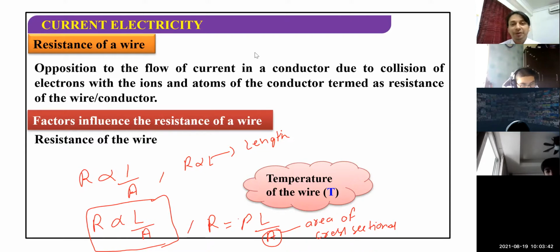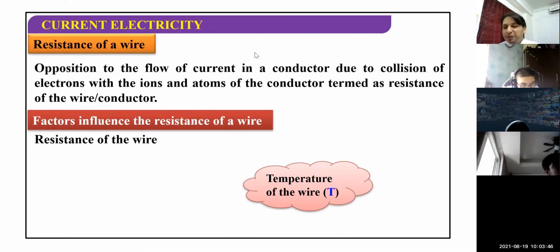So let me clear this screen. Resistance depends on temperature. That was the assumption made by the scientist Ohm when he performed this experiment. He said the temperature should be constant, because the resistance of the wire, the resistance of metals, changes by changing the temperature. If you increase the temperature, my dear students, please listen carefully.